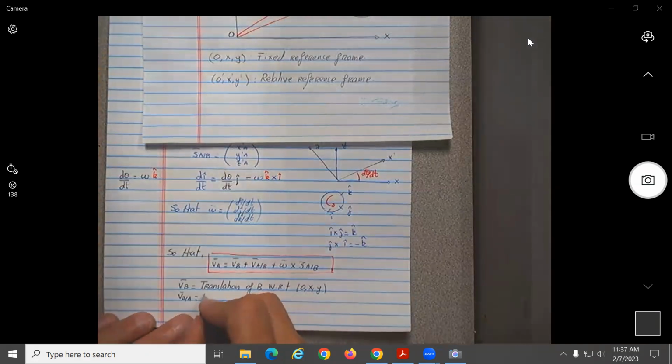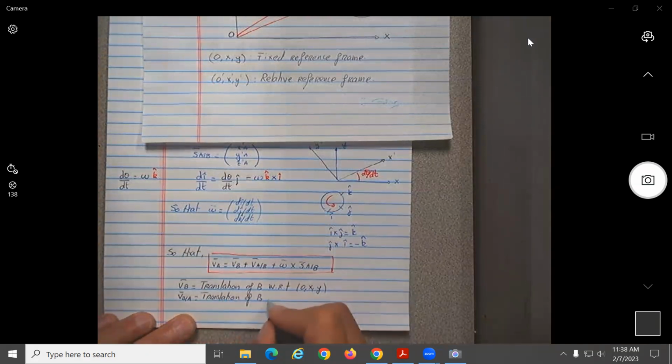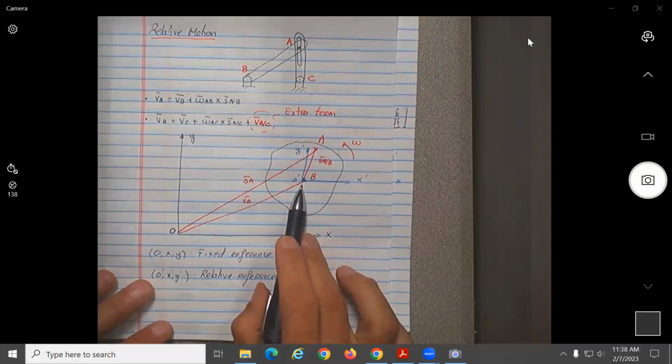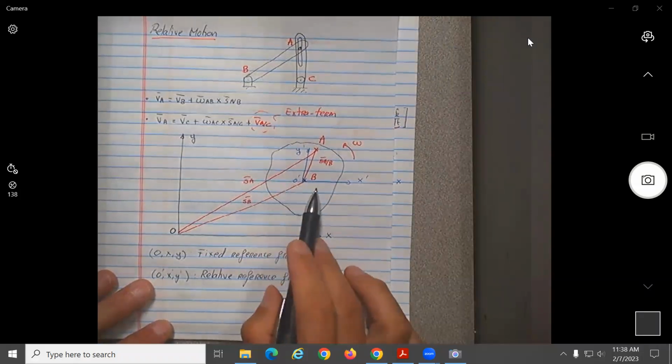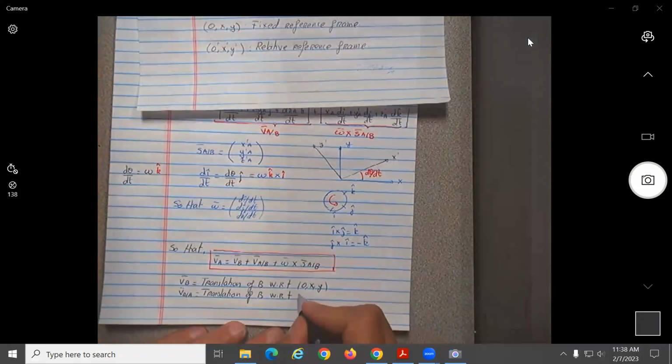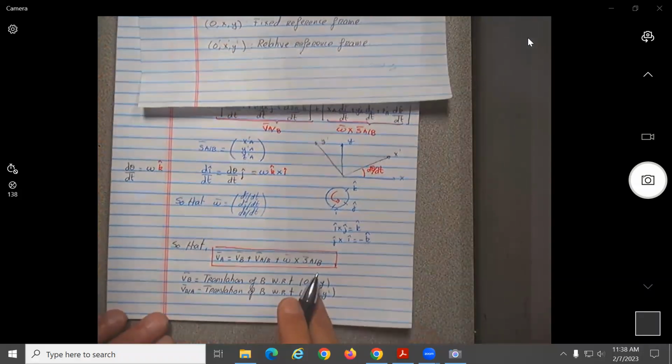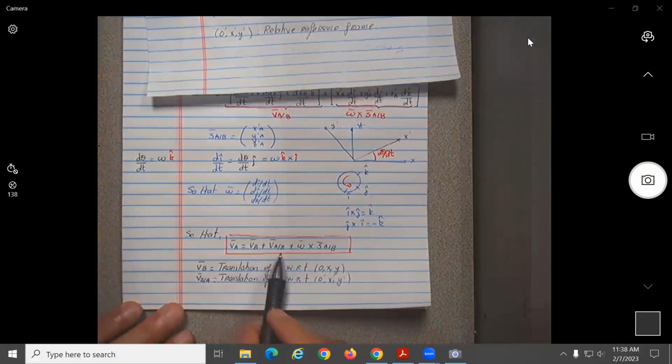So this is again translation of B, but this time, since it is with respect to B, B is the origin of which reference frame? Of the relative or the moving reference frame, no? In the O prime, X prime, Y prime. So these two terms represent the translation, no? Two terms due to translation.